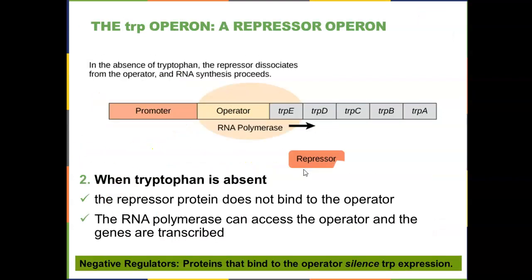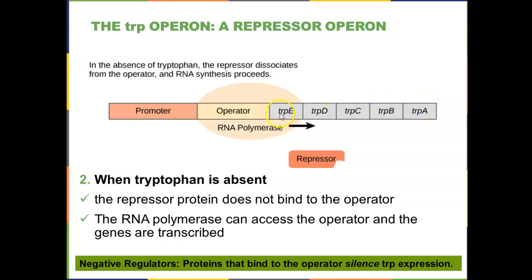And let's go ahead and take a look at it in the active state, so non-repressed. The repressor molecule is not attached to the operator right here. So once RNA polymerase is attached to the promoter, remember TATA boxes and transcription factors, a bunch of different proteins here that say, hey, we need this, it goes ahead and runs on through and is going to transcribe all of these genes.